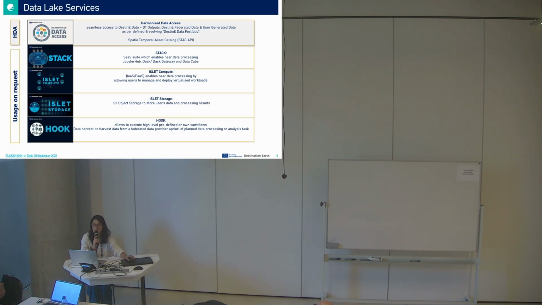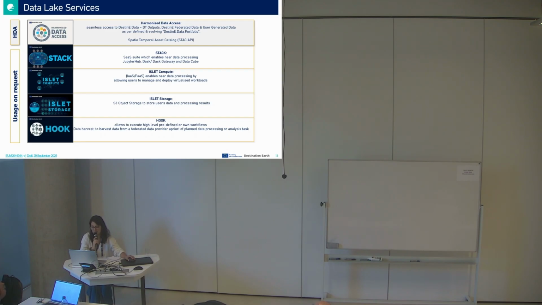Our colleague will not be with us, but we will do his part here. And then we have also the possibility to expand the data served by the harmonized data access with user-generated data. It implements a STAC API, and we will see this in detail later.